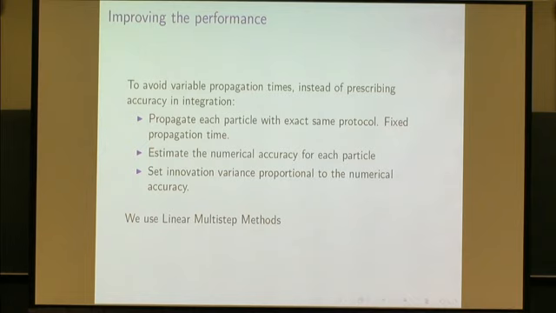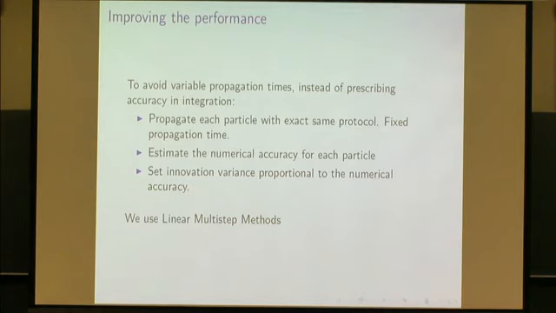To avoid this problem with variable propagation times, and also because we had in mind parallel integration and vectorization, so we wanted to do it all at once, instead of prescribing the accuracy in integration, we gave every particle an equal number of steps. So they're all moving, synchronized integration at the same steps. Fixed protocol, fixed propagation time; what changes is the numerical accuracy of the integrated particle.